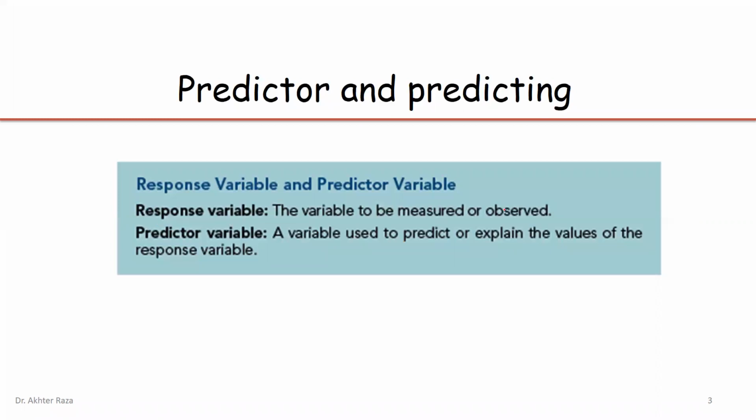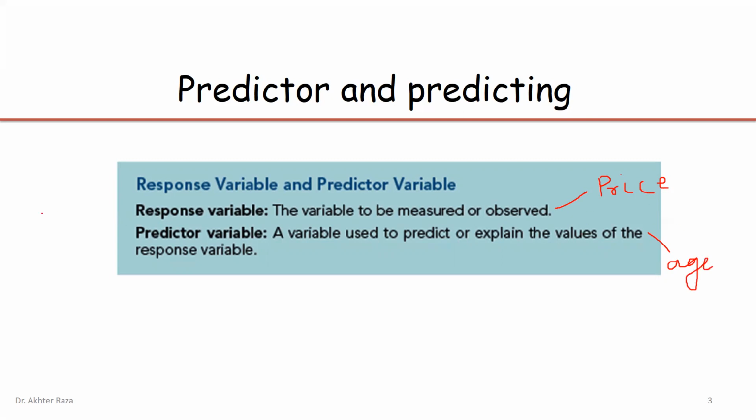The response variable is the price of car, and age can be used as a predictor. The price will be the dependent variable and the age will be the independent variable.